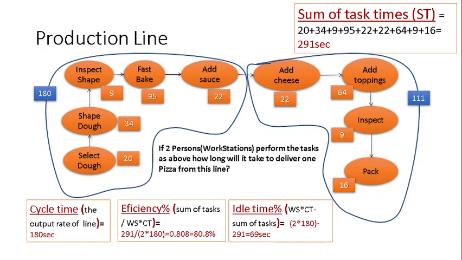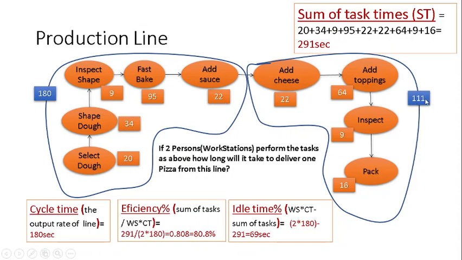Why do we have idle time now? Because, as we said, the first person is working 180 seconds, but the second one only 111, which means that for the 69 seconds that the first person is actually working, the second one is just sitting, waiting for the first person to complete the pizza.